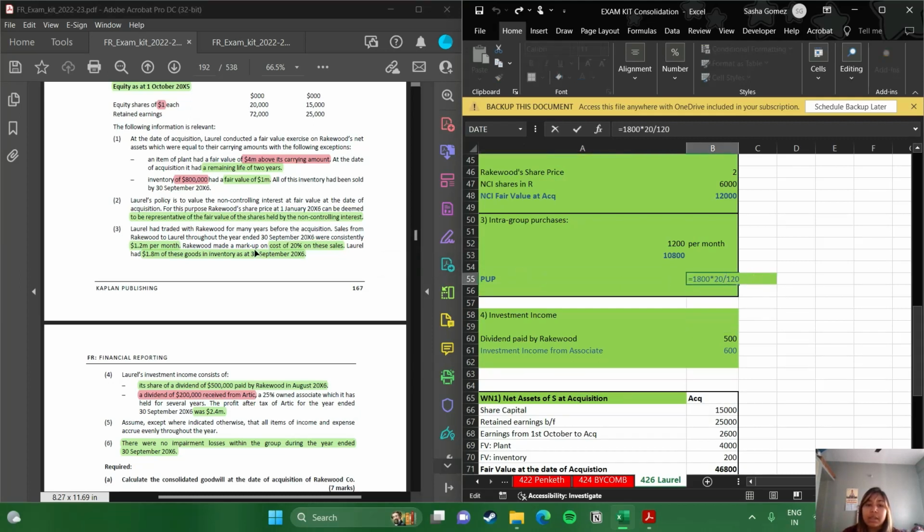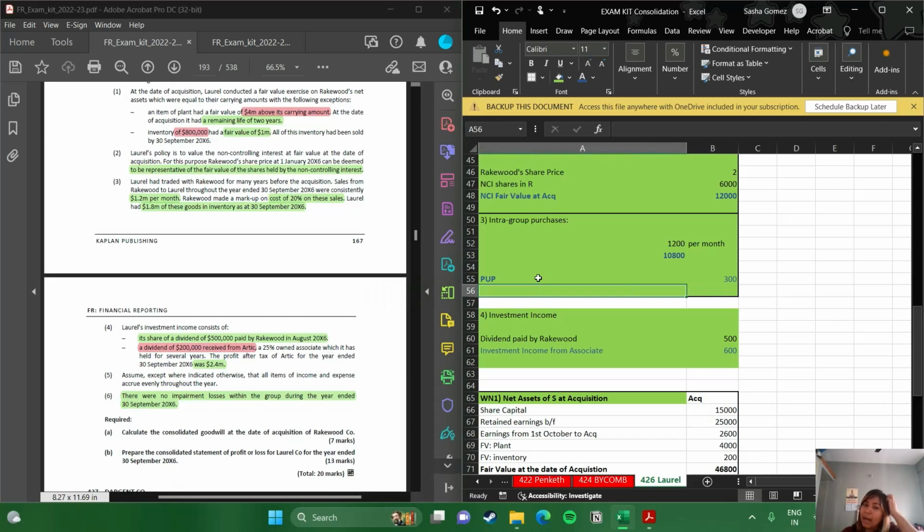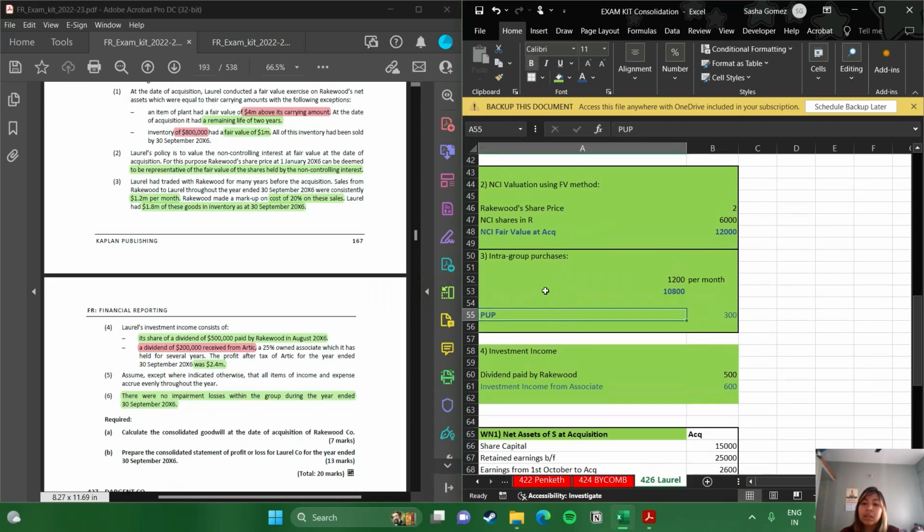So if they say markup on cost of 20% on the sales, the remaining amount of goods into 20 divided by 120. If it was a markup on cost of 25%, then it would be 25 divided by 125. Sorry, yeah, correct. So that's your unrealized profit that will be added to your cost of sales.